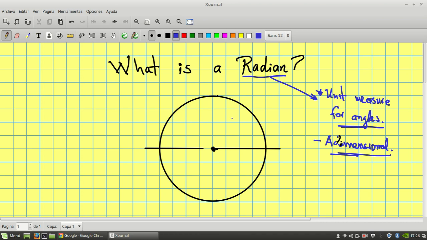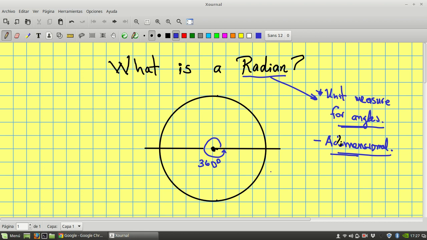If I draw an angle of 360 degrees, what I'm doing is making one turn. Let's imagine that you draw the arc of 360 degrees, which means the circumference of the circle.